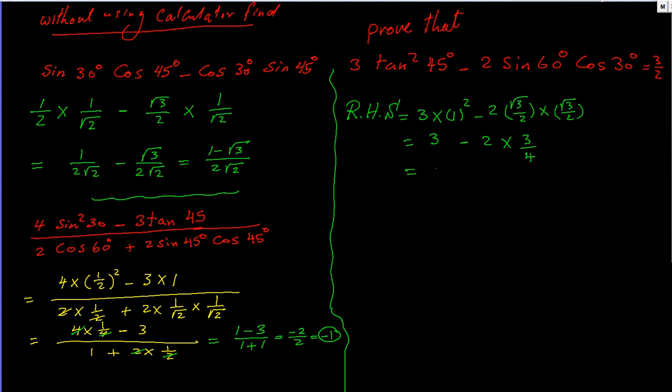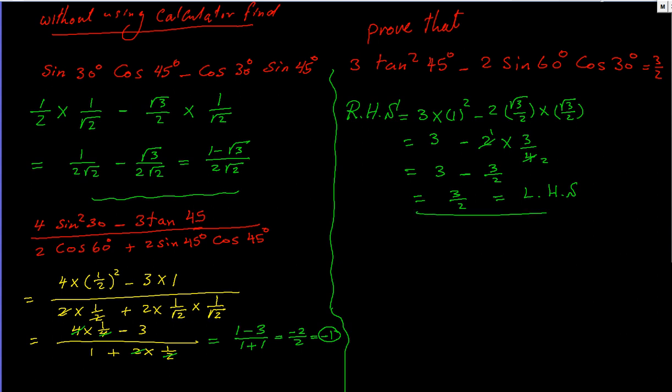Simplify again, so it's 3 minus 3 over 2 equals 3 over 2, which equals the left hand side.